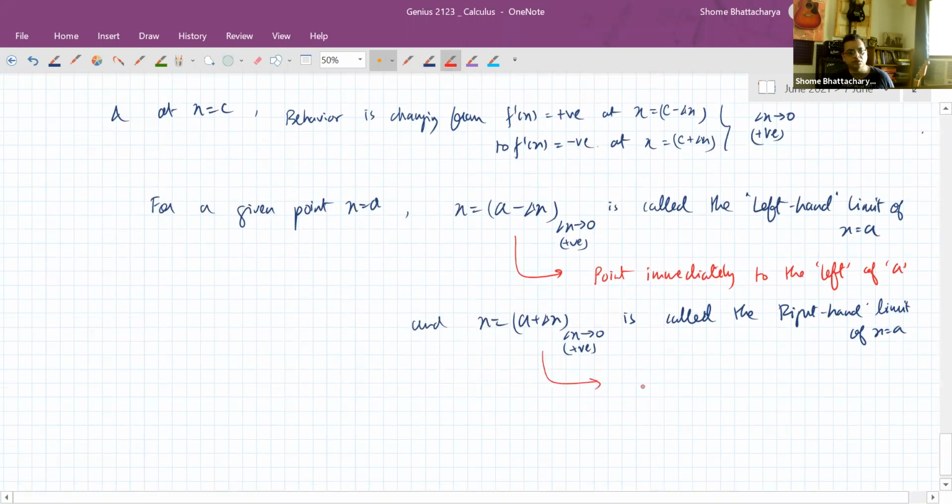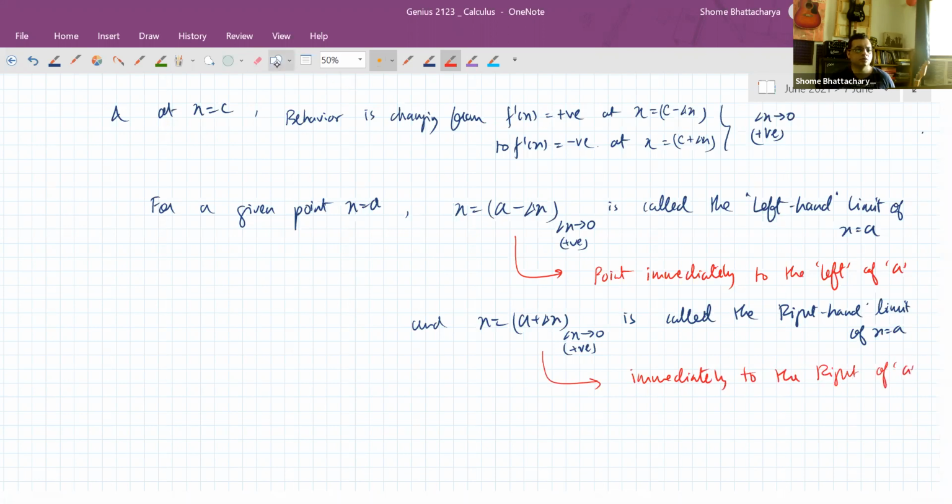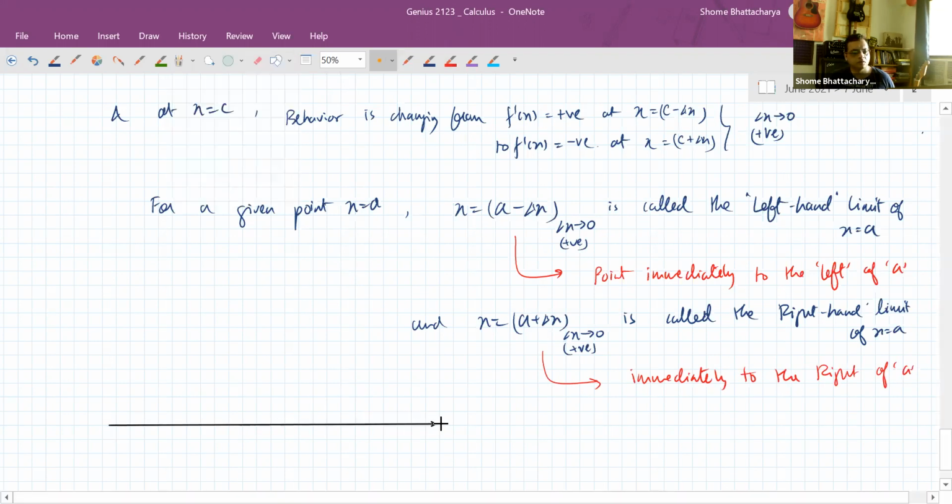So this is a point which is immediately to the right of a. Okay, so we are just talking about values of x. So visualize the number line. If on the number line we have a particular point a, then a point just to the left of this and a point just to the right of this.